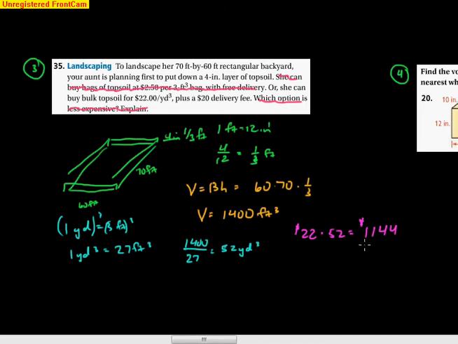The yards cubed cancels. And then for the problem, add the delivery fee. So it would roughly cost you $1,164 to put all this topsoil in your backyard. So again, be careful of these units. I'd probably give you this if you have to use it.